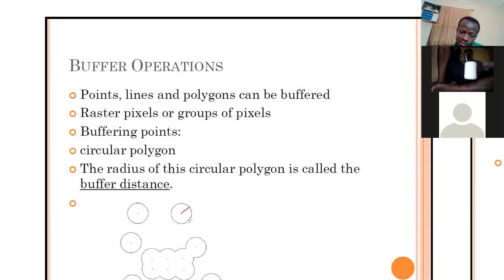A circular polygon is another name for a circle, but in GIS we don't have a circle; we have points, lines and polygons. So this distance here is the buffer distance. It can be 50 meters or it could be 20 meters. It depends on the application, so you need to think outside the box and know what you are actually looking for.